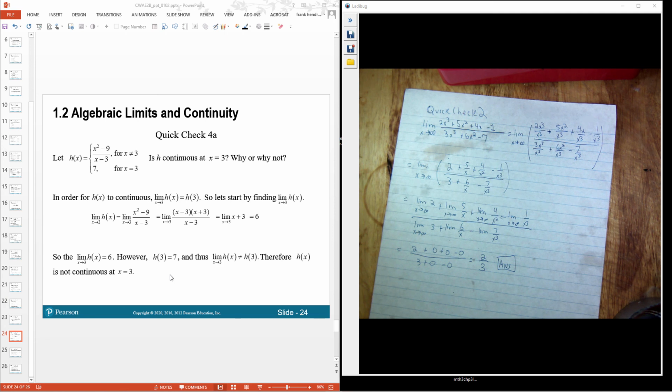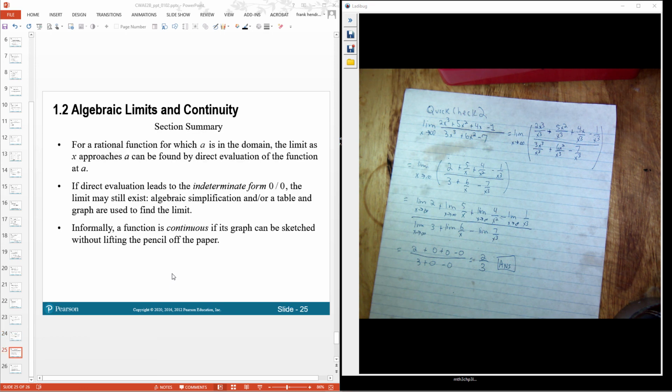They look at the limit. The limit of the function is 6. However, at 3, h of 3 is 7. So they're not equal. The limit does not equal the function value. So it's not continuous. And there's our summary.